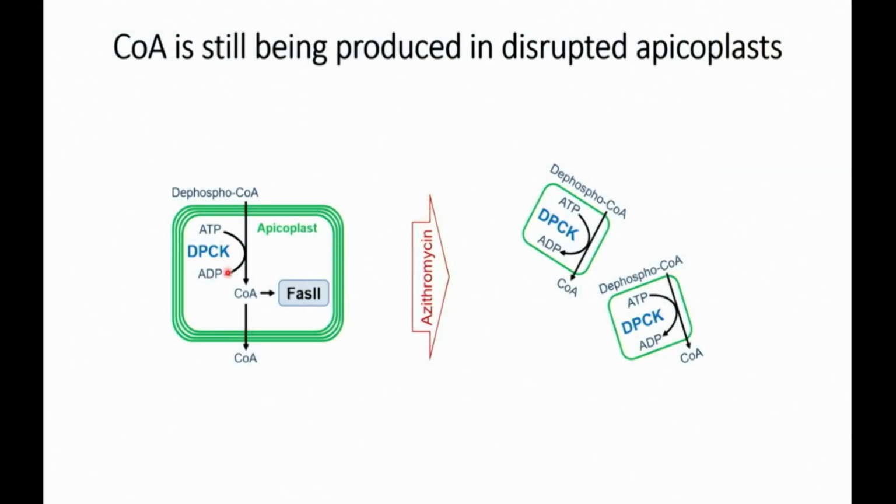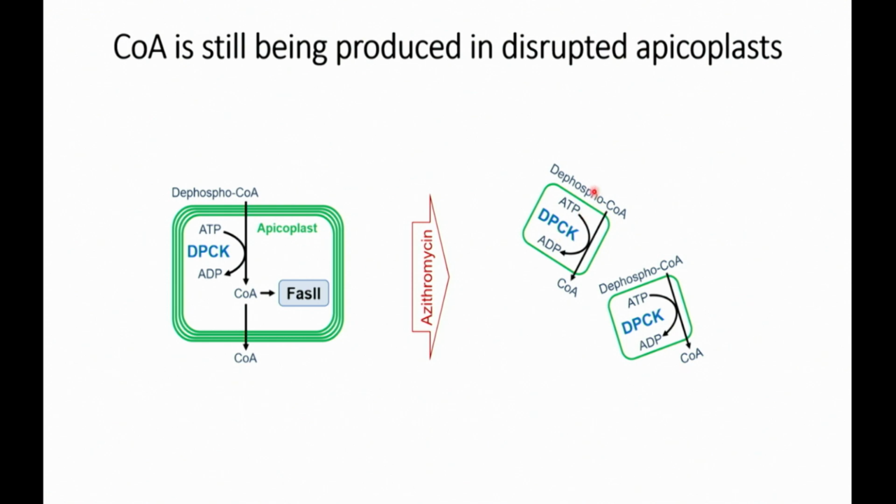And so this has led us to a model that looks like this, where we have the DPCK activity in the parasite apicoplast producing coenzyme A, which is then used in the organelle, as well as exported to the rest of the cell. And in the apicoplast disrupted state, disrupted with anything, in this case the antibiotic azithromycin, the DPCK is still active in the resulting vesicles that exist after apicoplast disruption.